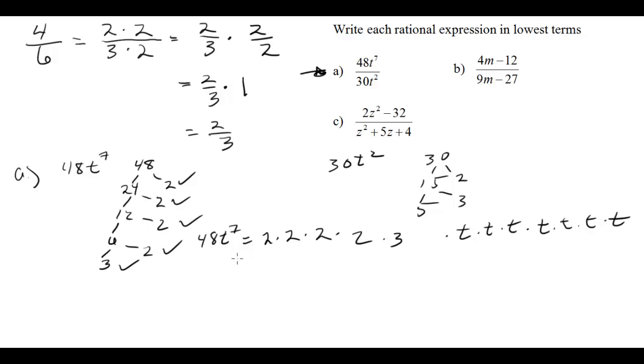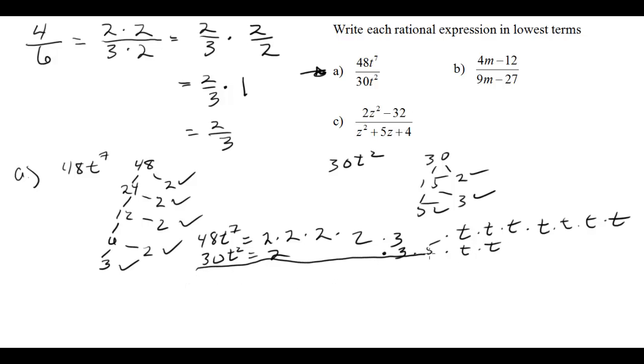Lots of t's. And 30 t squared is going to equal this 2 over here times 3, that's this 3 over here, times 5, that's this guy over here, times t times t.